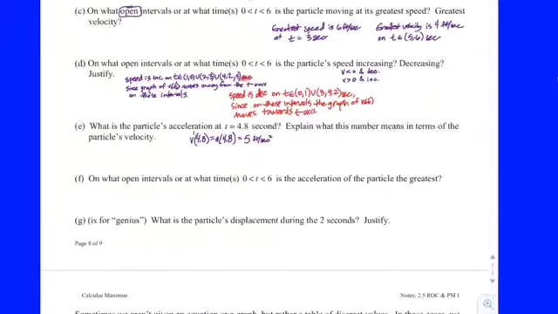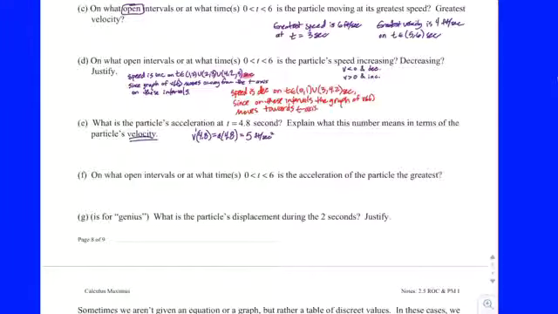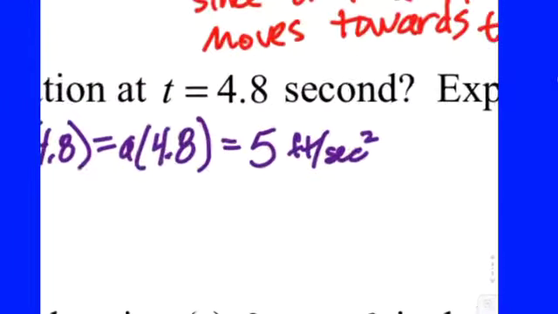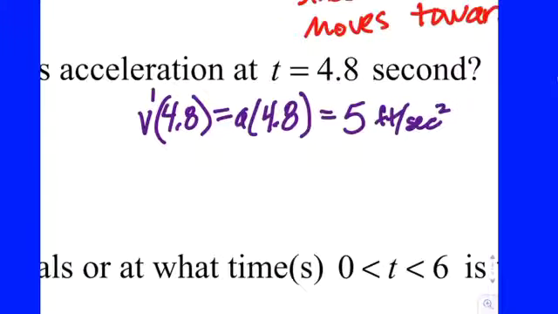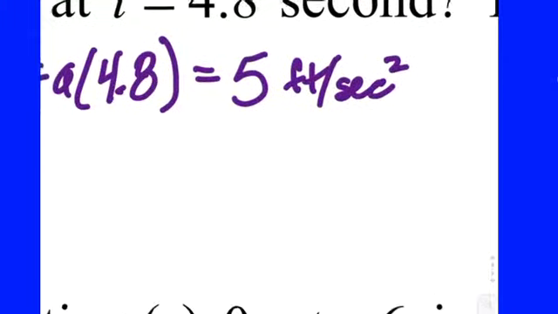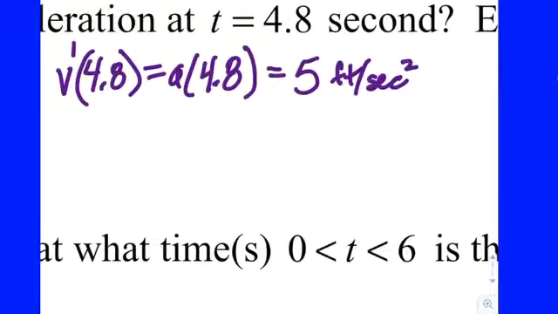All right, explain what it means in terms of the particle's velocity. Like we did on the quiz, I asked you to explain it in terms of the position. Here it's asking you to explain it in terms of velocity instead of just saying the particle's acceleration is 5 feet per second squared. Acceleration is the rate of change of velocity. So if your acceleration is positive, velocity is what? Increasing. So here's the sentence.